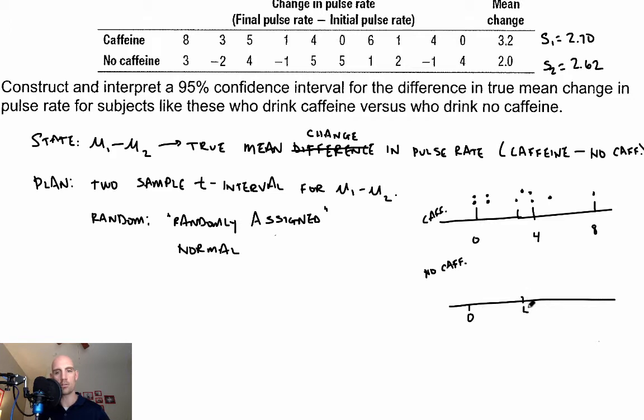0, 4, 8. And actually for this one, look, we got to go down below. So I'm going to go -4 here. Okay, let's look and see what we've got here for our distribution. Got a 3, got a -2, got a 4, got a -1, got a 5, another 5, got a 1, got a 2, -1, and a 4.